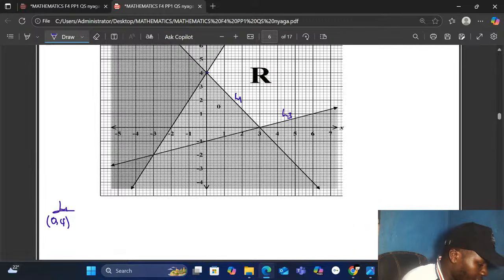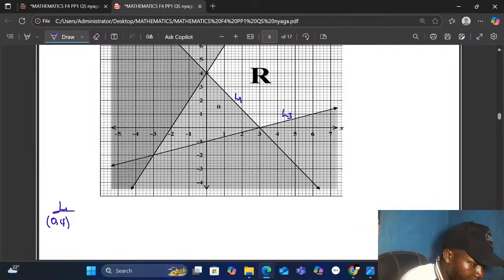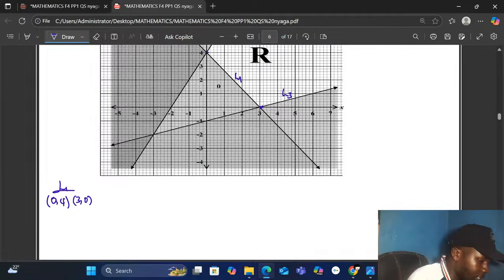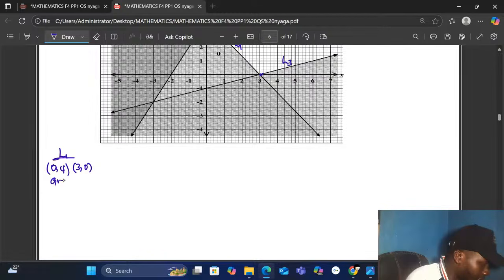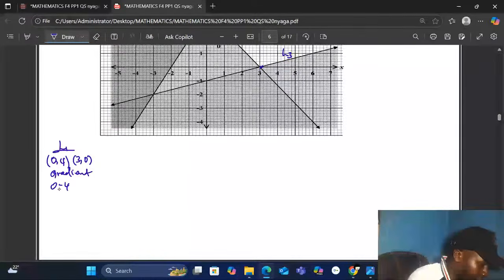Then we can also have another point. We can use the 2 points to find the gradient of negative 4, divided by 3 minus 0, which is equal to negative 4 over 3. So we look for the equation: y minus 0 over x minus 3 gives us negative 4 over 3, which is the gradient.